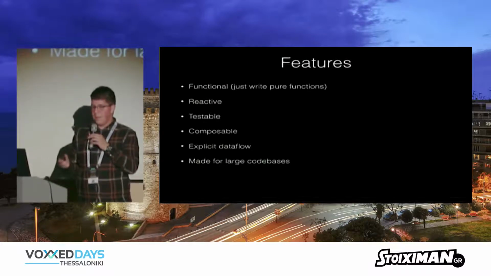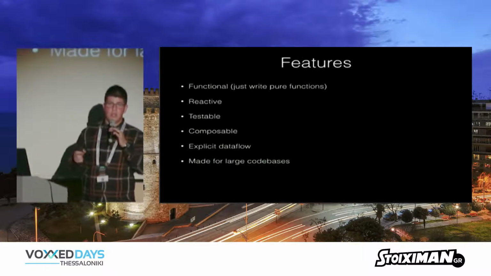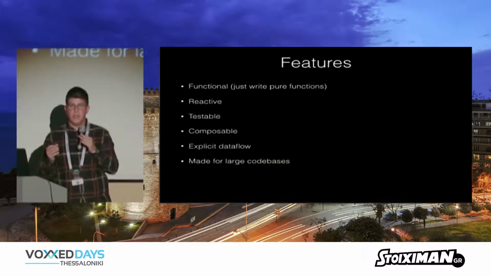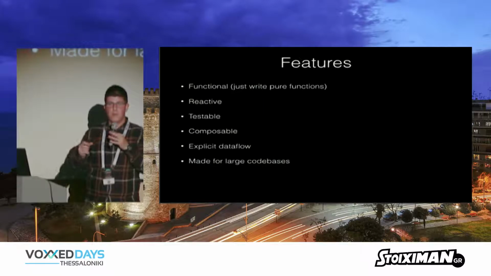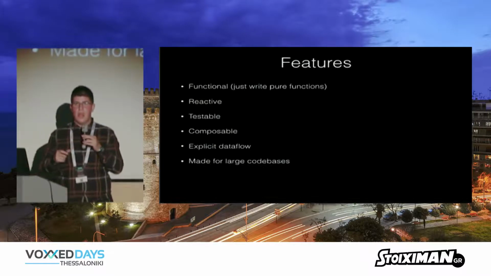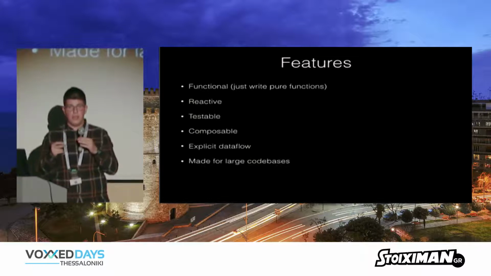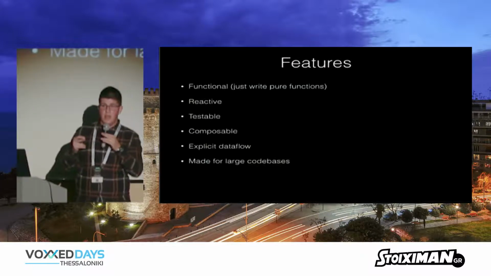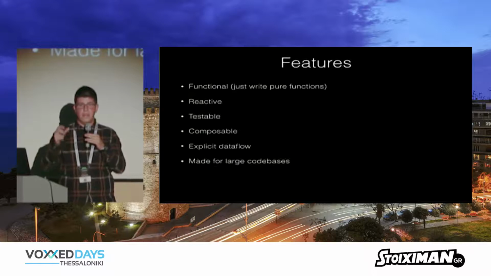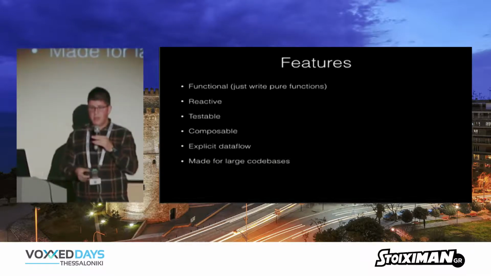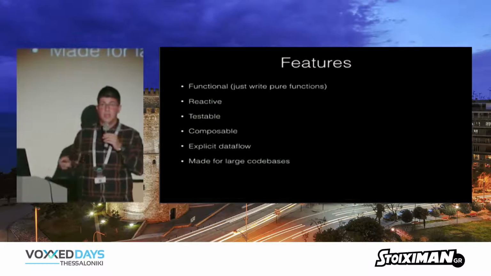And it's composable. Like in math or in functional programming, you just write the functions, and then you can compose them. So put one inside another, and that's really easy to isolate. A component can be easily isolated and composed one inside another. It has explicit data flow, so as I said, the data is just circling around.